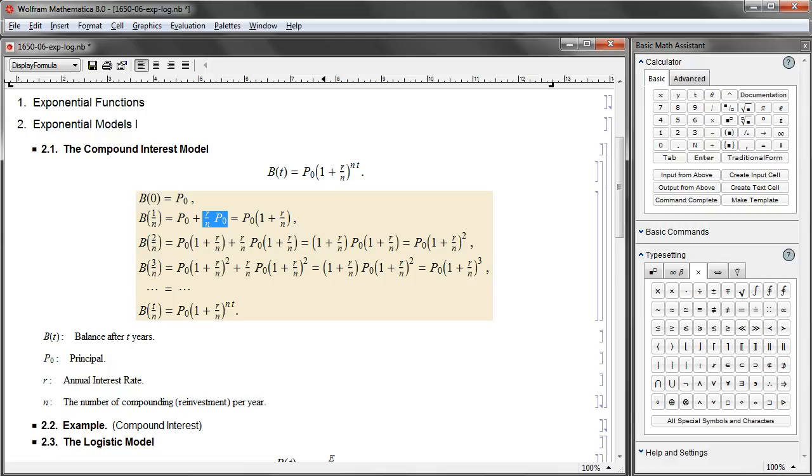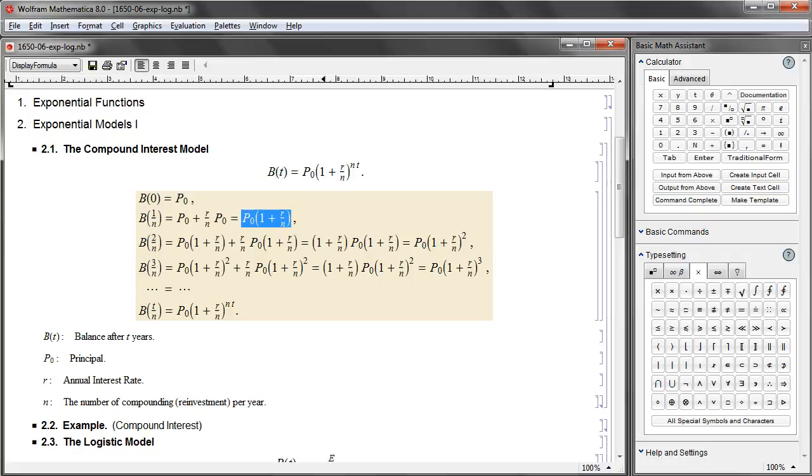And we have the annual interest rate divided by N, so that we have the quarterly or monthly interest rate, and that part is interest. Now, if you do not take the interest and just keep it reinvested and compounded, then you can factor P0 out, and this is going to be your new balance after the first quarter.